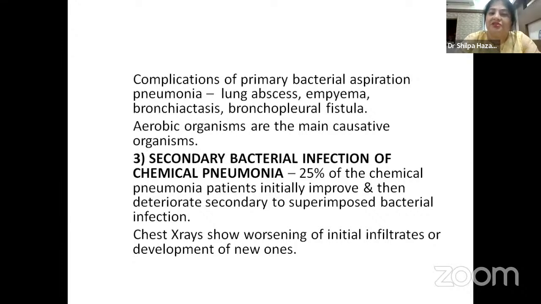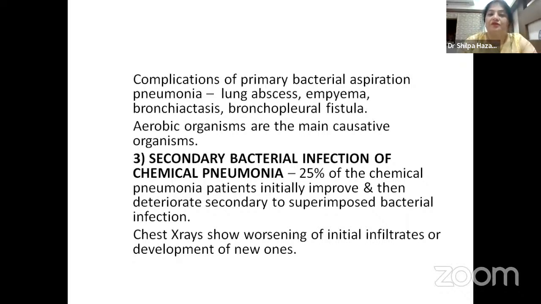Now, complications of primary bacterial aspiration pneumonia, we all know, are lung abscess, empyema, bronchiectasis, pleural fistula, and if it's a primary bacterial pneumonia, the aerobic organisms will be the main causes. So chemical pneumonia is the most common, and the second most common is secondary bacterial infection of chemical pneumonia.